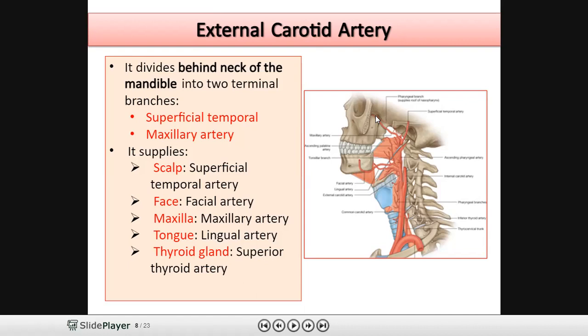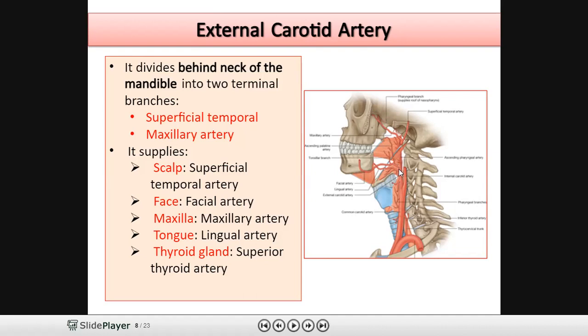So if you are asked in an exam, what are the terminal branches of the external carotid artery? You say they are the superficial temporal artery and the maxillary artery. Even though the external carotid artery has other branches, we only mentioned the two terminal branches first.